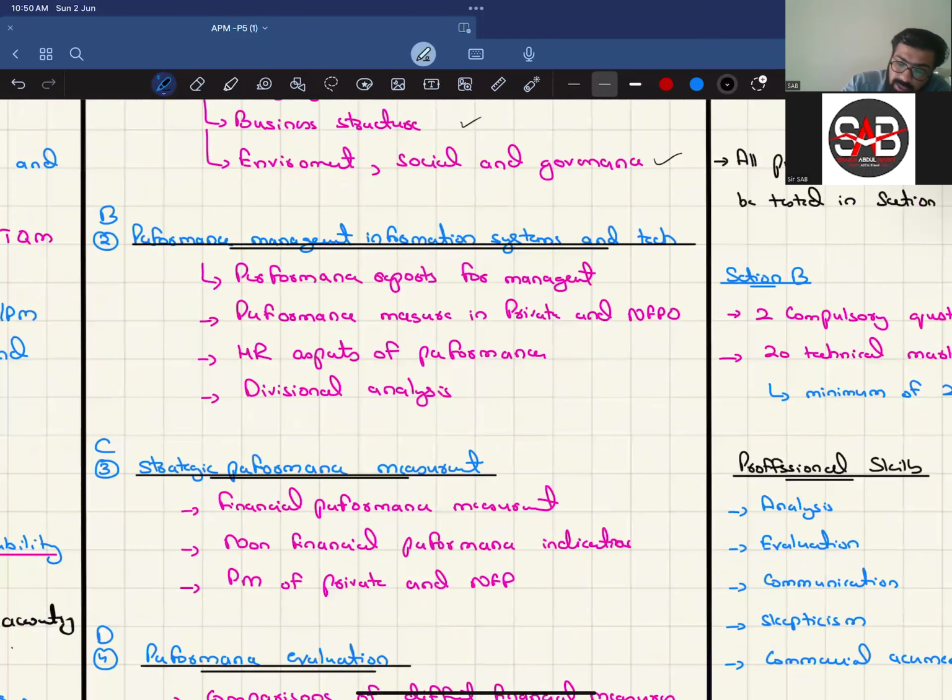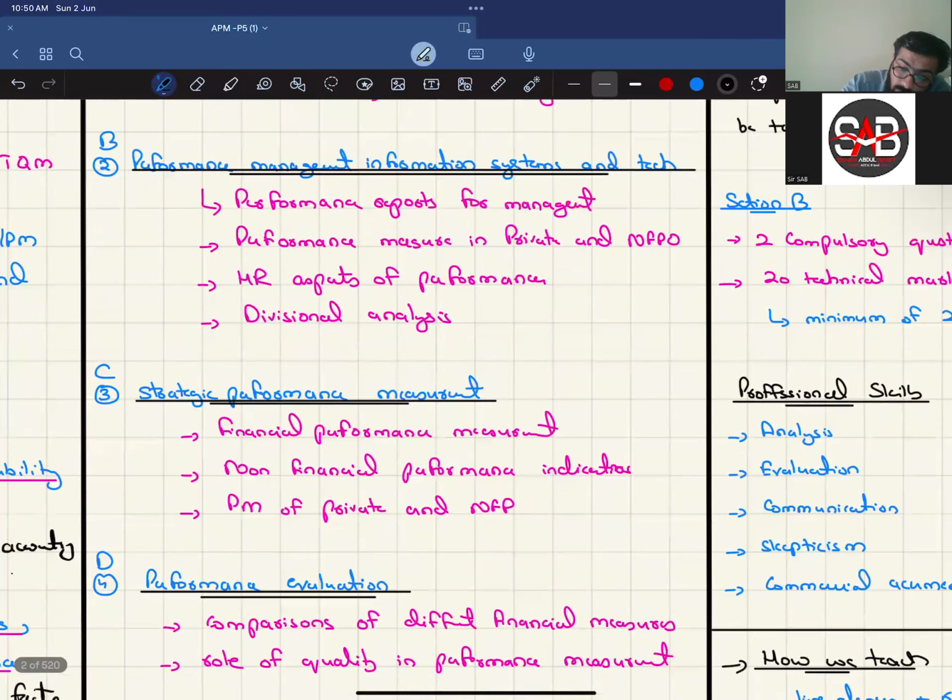Then performance management information system, that's performance reports. You'll be evaluating the performance of the private company as well as the non-financial performance objectives of not for profit organizations. Then HR aspects of performance, divisional analysis, that a company has 3 divisions and each of the divisions is competing with each other, so their performance is to be taken out.